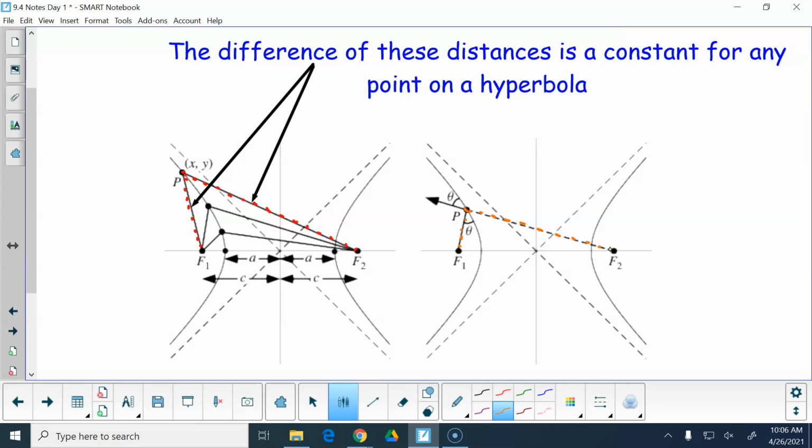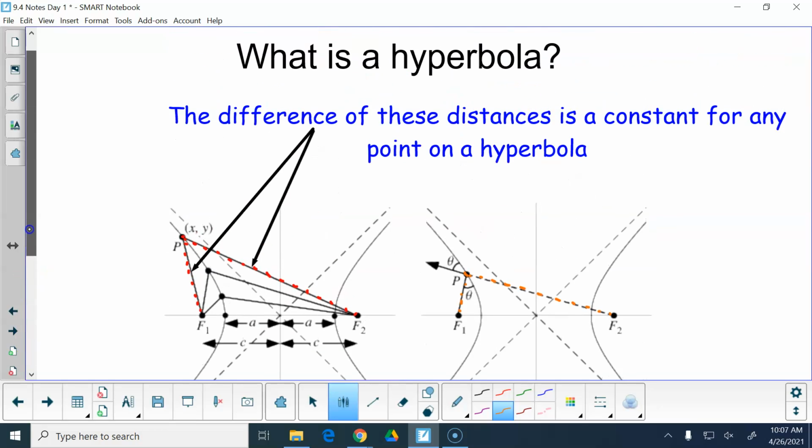Again, the hyperbola is more labor intensive, but it's labor that you can do because we've gone through A's and B's and C's and all that stuff already up to this point. It's stuff that you can and definitely will be able to handle.